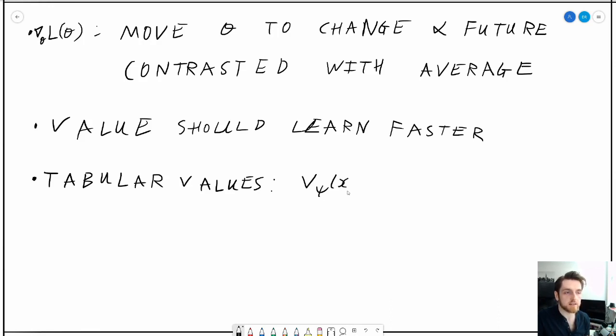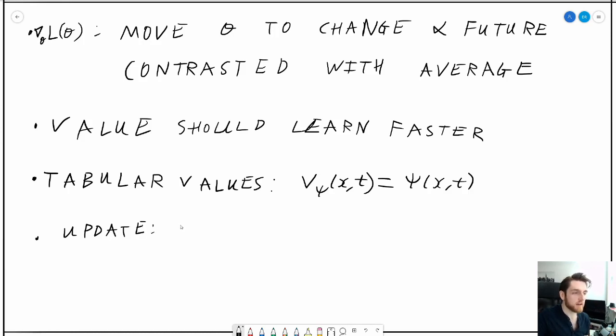So we say v psi of x and t is simply psi of x and t, which is the weight associated to that state. And then the update is that we do the derivative of this value with respect to the weights.